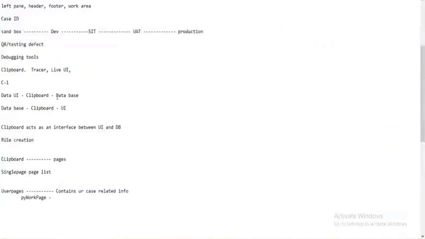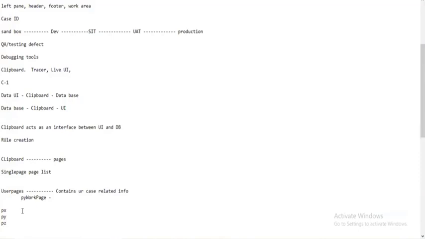The next thing we have thought of discussing today is creating a rule, how to do rule creation. But before creating a rule, we'll discuss one thing: PX, PY and PJ.